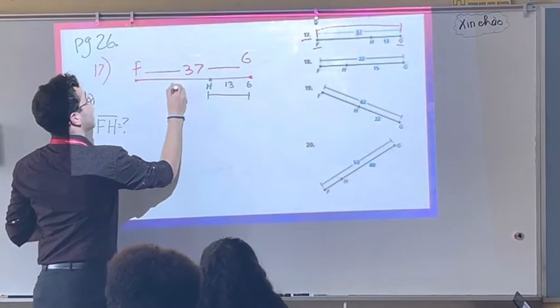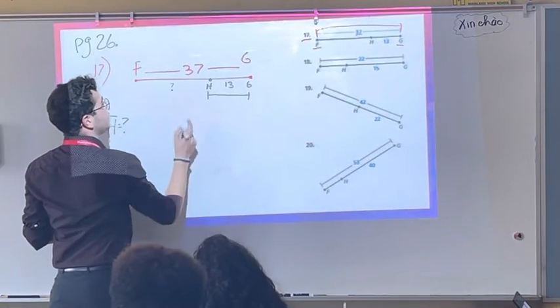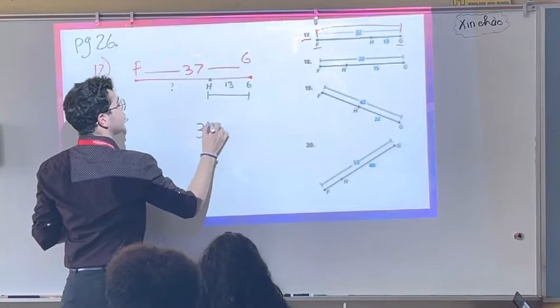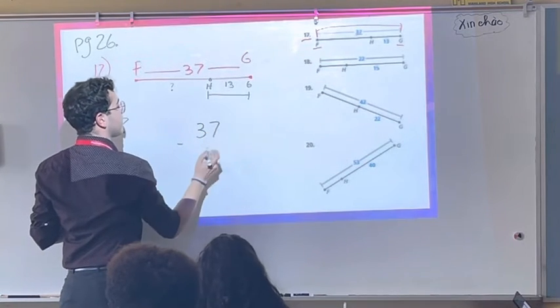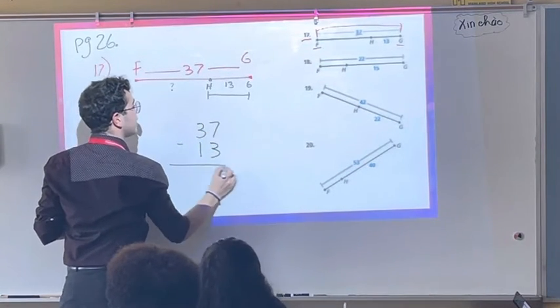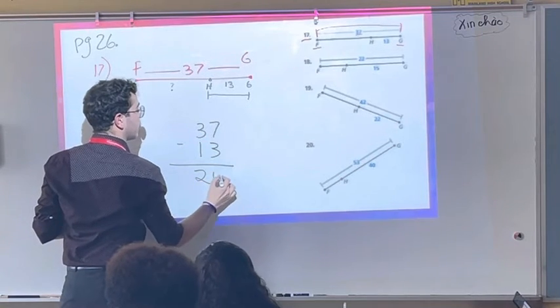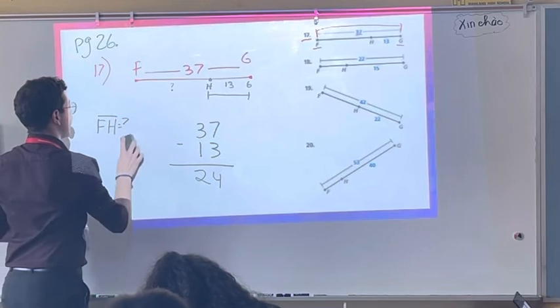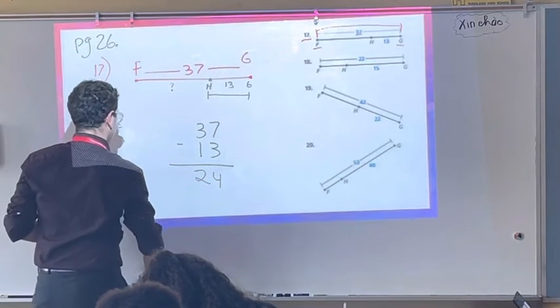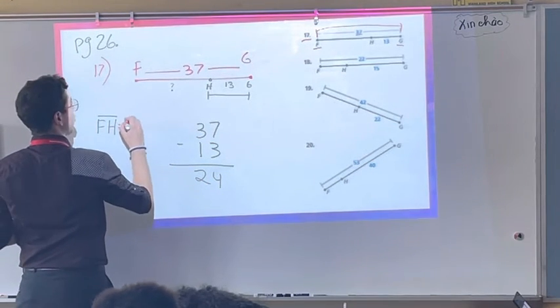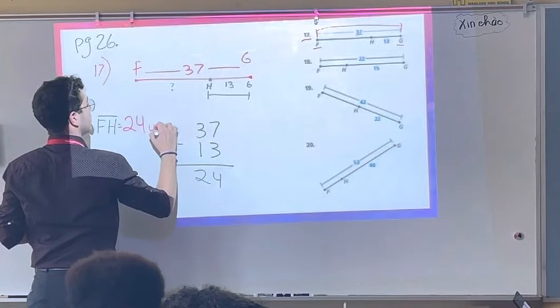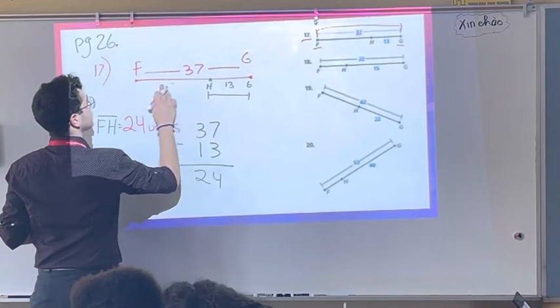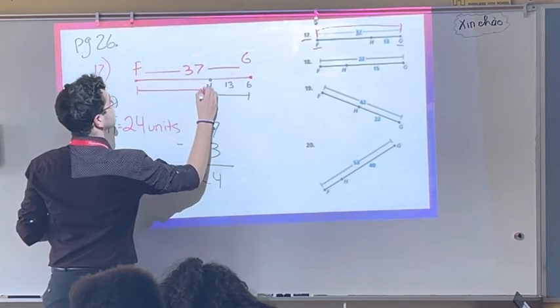Subtraction, correct. So FG is 37 minus 13. 24. So that means that FH is 24.